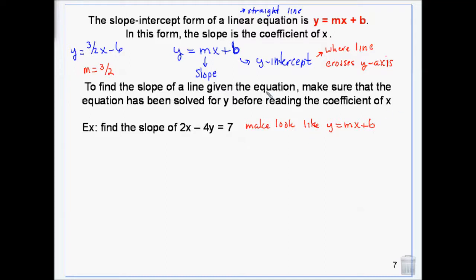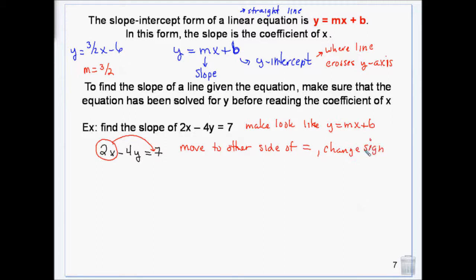Okay. So what I'm going to do is maneuver some things around. I want x to be on the other side of the equal, so I'm going to pick this x up and move it over here. But if I move it to the other side, I have to change the sign.